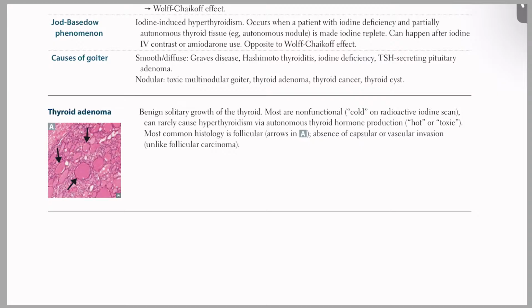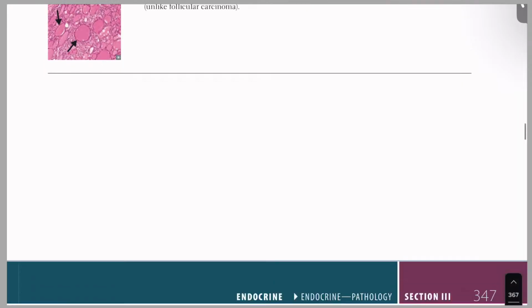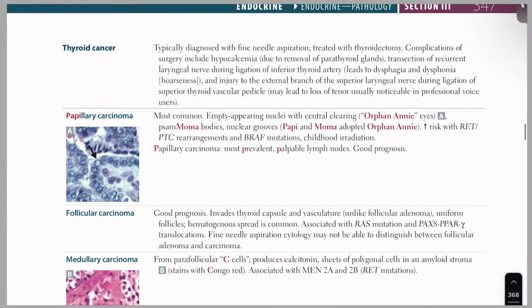Thyroid cancer is typically diagnosed with fine needle aspiration and treated with thyroidectomy.